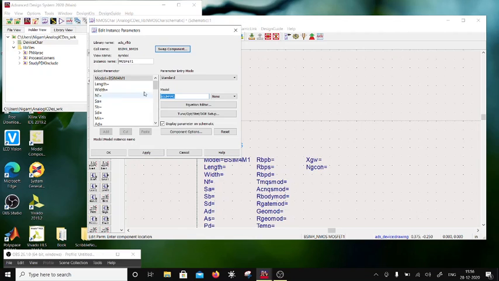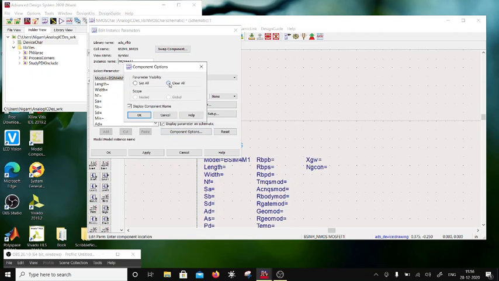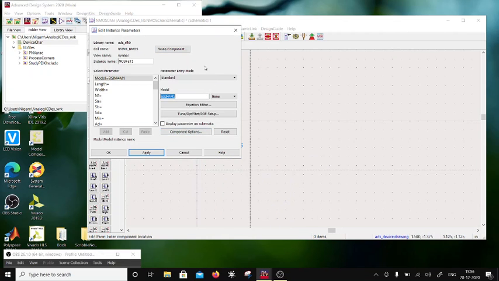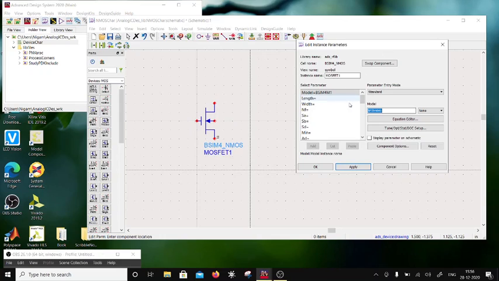Now double click that, and I'm going to clear the display of all these quantities. I'm going to just display the model name. In my case I have modeled this as NFET4, so I will name this NFET4, and the length of the devices I'm going to use is 130 nanometer. That's the minimum gate length.